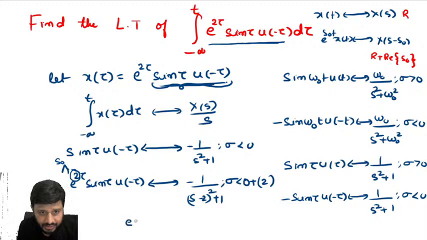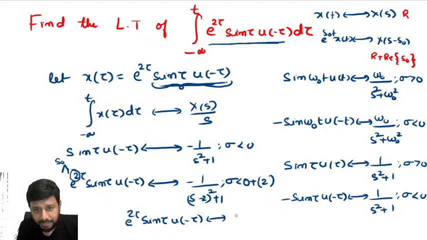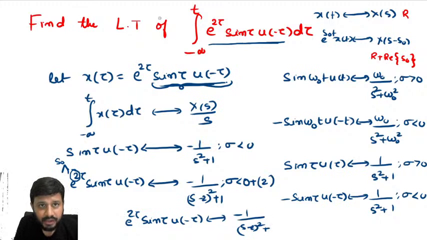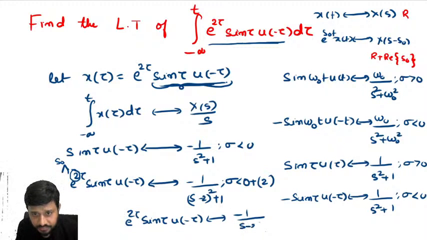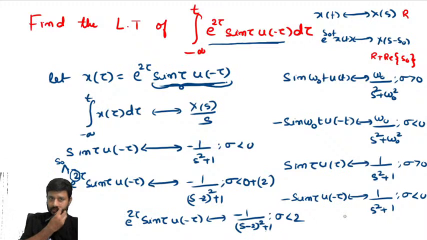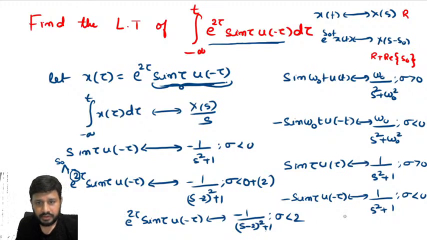I can write that e power 2 tau sin tau u of minus tau forms a Laplace transform pair with minus 1 by s minus 2 whole square plus 1. The ROC is sigma less than 2. Right?